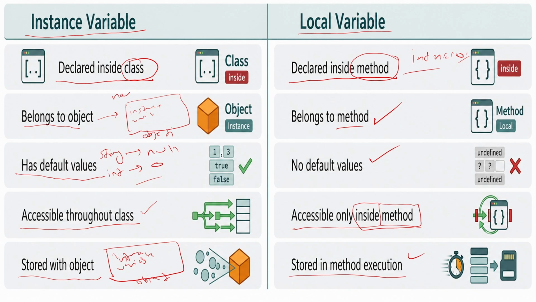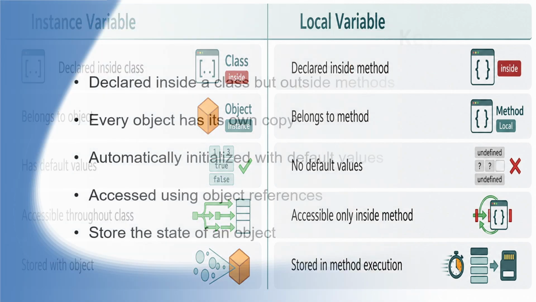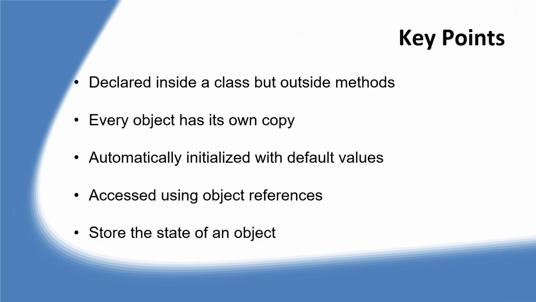So the key points are, we are summarizing what we have learned so far. Instance variable: declared inside a class but outside methods.